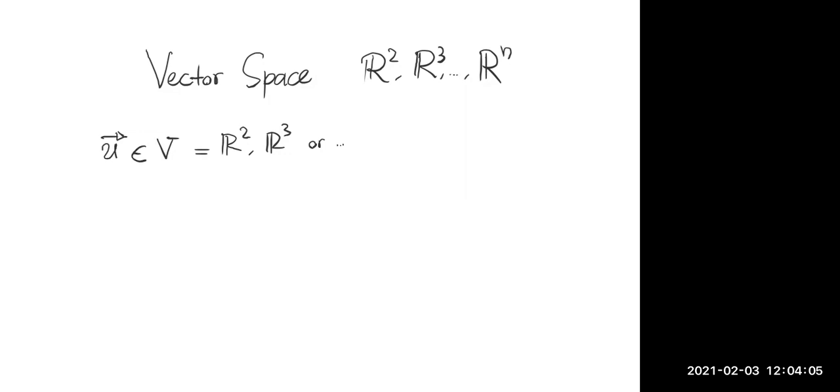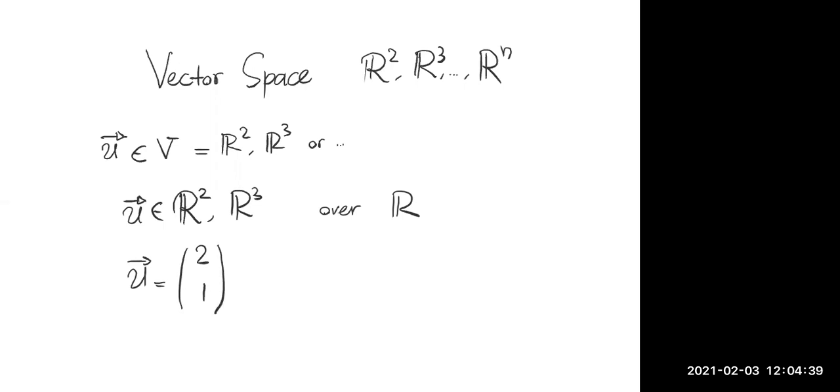Now, vector spaces are defined over a field. So for example, R2 or R3 are defined over the set of real numbers. We say these are vector spaces defined over the set of real numbers. What does that mean? It means any vector I take inside these vector spaces, for example a vector inside R2, is going to be something like, say, (2, -1), right?